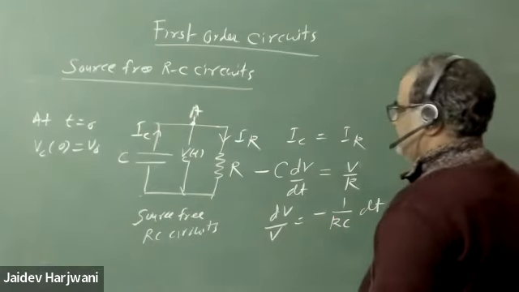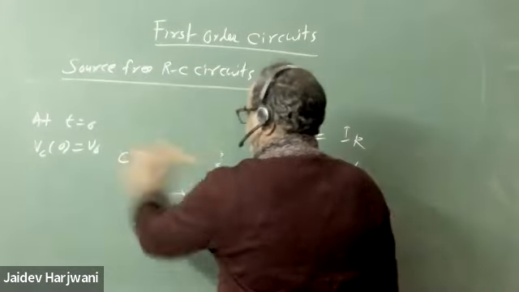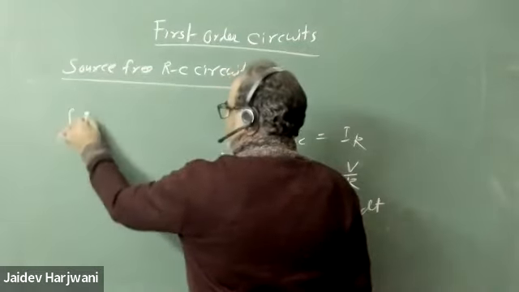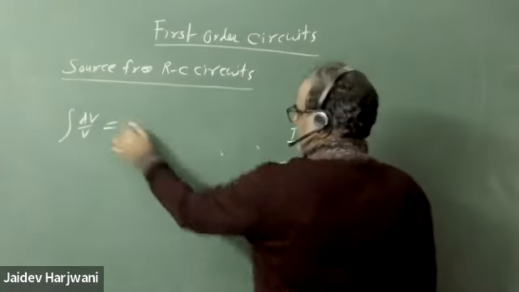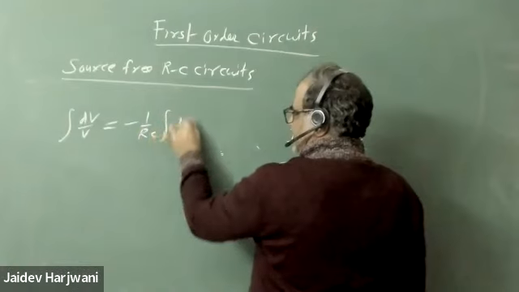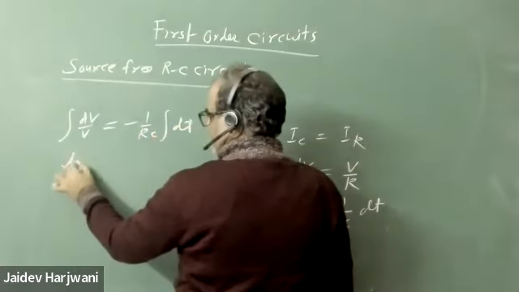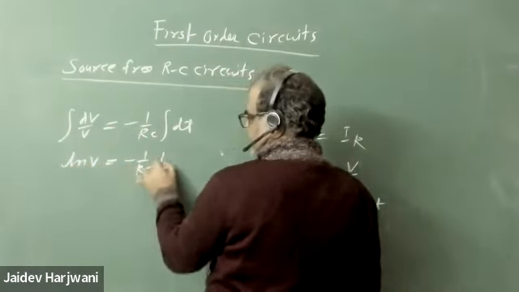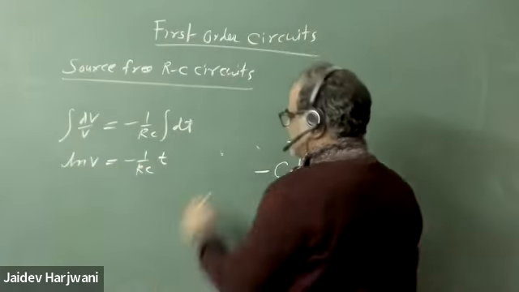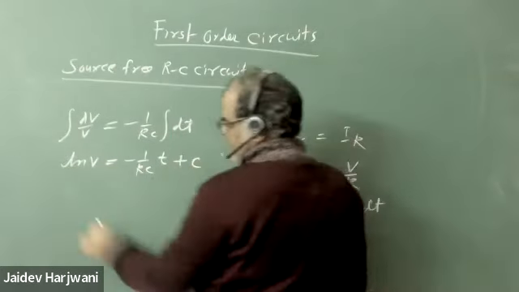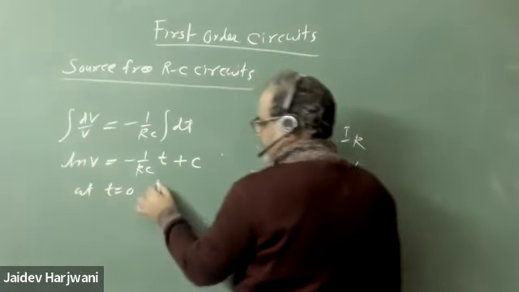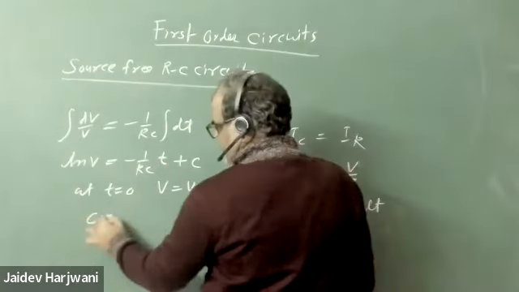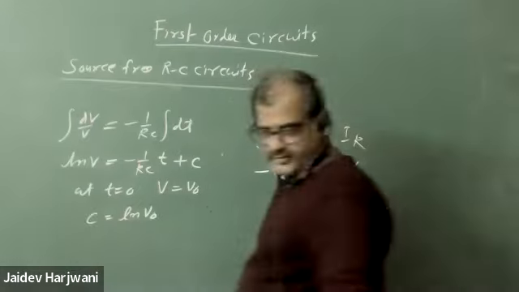If I integrate, integral of dV upon V equals minus 1 upon RC dt, and this gives ln V equals minus 1 upon RC t plus some constant, say C. Now at t equals 0, my voltage is V naught, so C equals ln V naught.